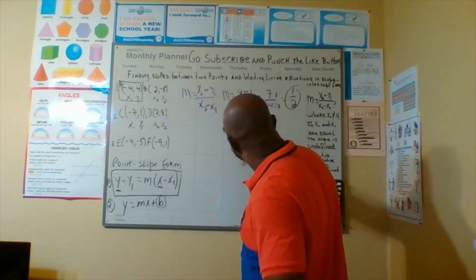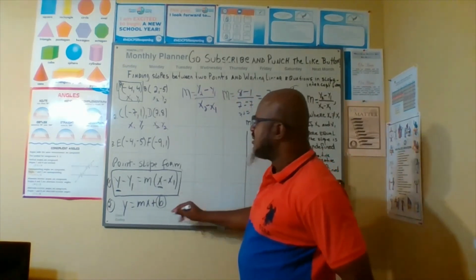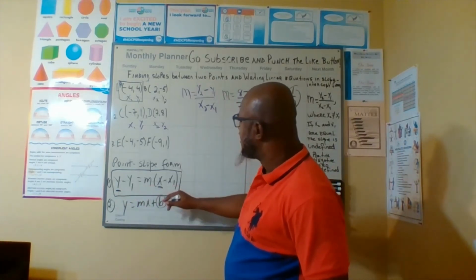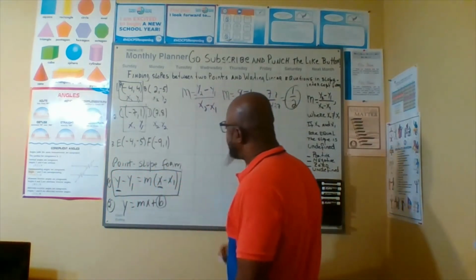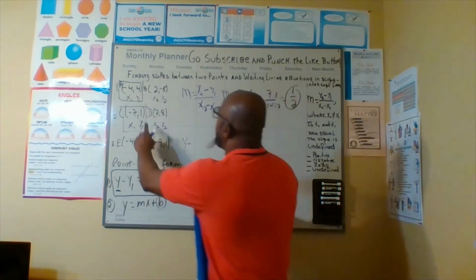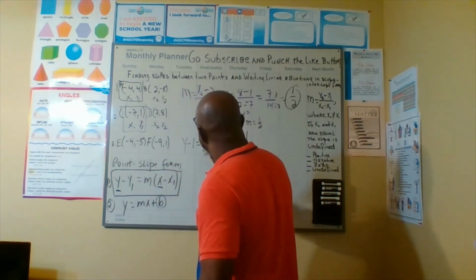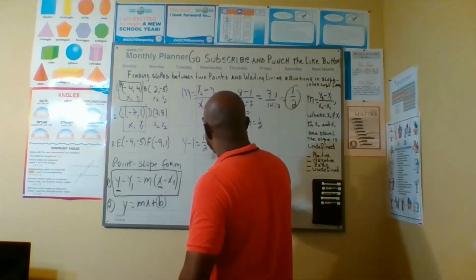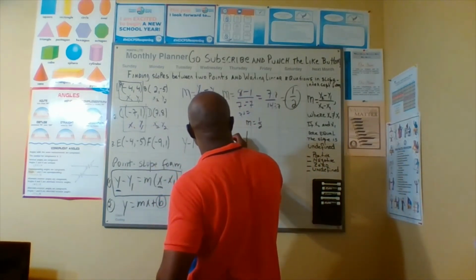So like we promised earlier, we're going to do both ways. So we're going to come here, we're going to replace y1, we're going to replace m, we're going to replace x1. So this is my x1, y1. Alright, so you will have y minus 1 equal my slope 1/2 times x minus x1, which is 7, minus negative 7.